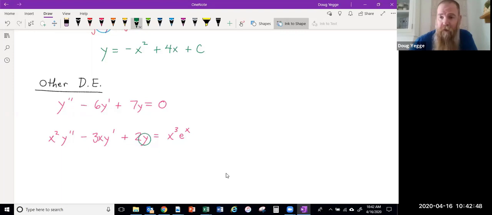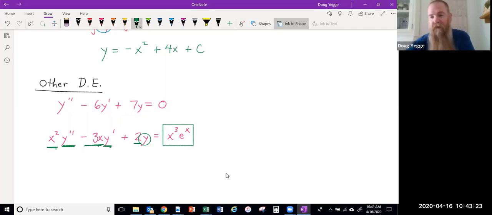That's going to be our solution, whatever y is, that's our solution. Take some function and double it. Then take its derivative and multiply it by negative 3x. Then take its second derivative and add x squared. And when I do so, I should get the function x cubed e to the x. What function makes that happen? That's the purpose of the class differential equations, is to teach you methods of solving all of these types of differential equations. We're only learning one in this class, and that's separation of variables.